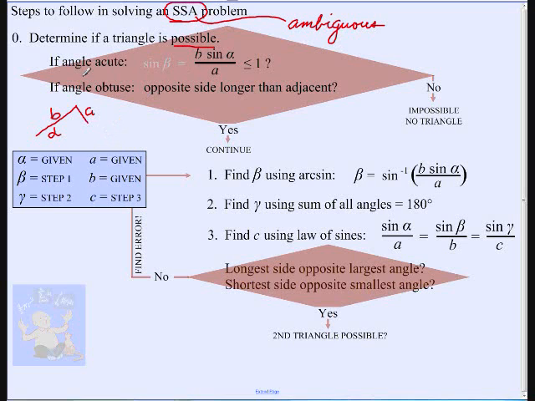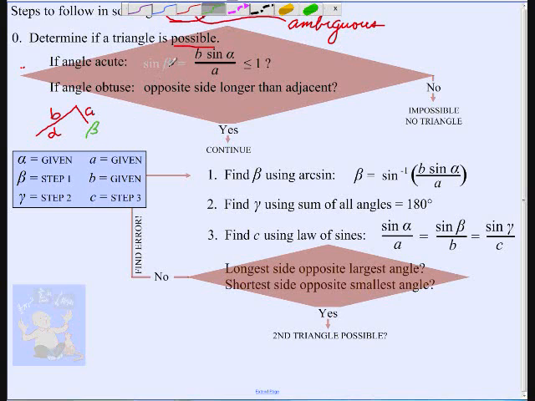It's not difficult. If the angle, this one here, is acute, then you're going to check to see if the sine of beta, and of course beta is the angle opposite B here. What we're wondering about is this angle over here.